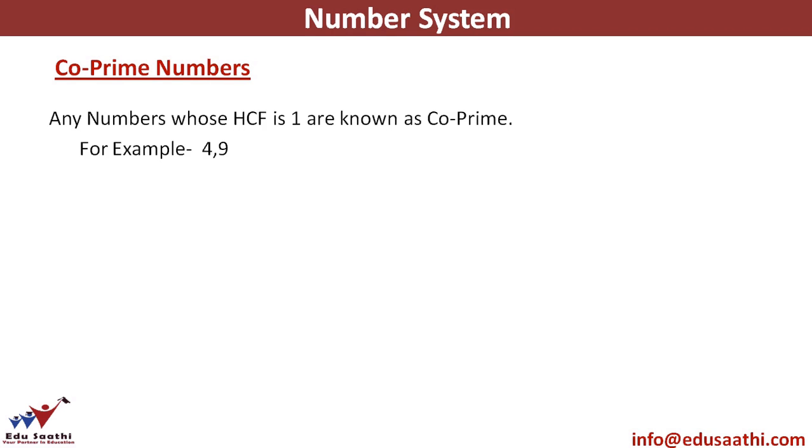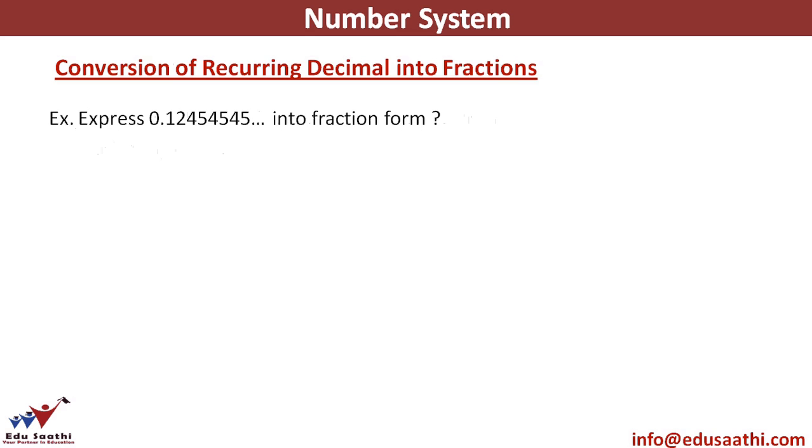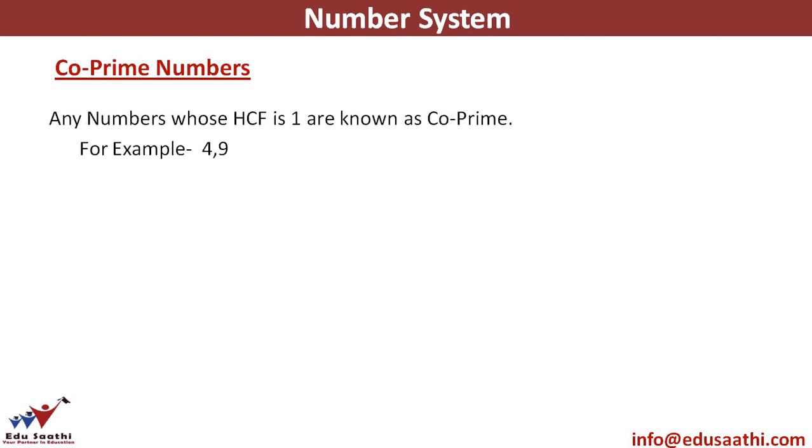For example, let's look at the case of 4 and 9. The factors of 4 are 1, 2 and 4. 4 is divisible by 1, by 2, by 4. Let's look at 9. 9 is divisible by 1, by 3 and by 9. Now if I look at the common factors, they have no other common factor except 1.